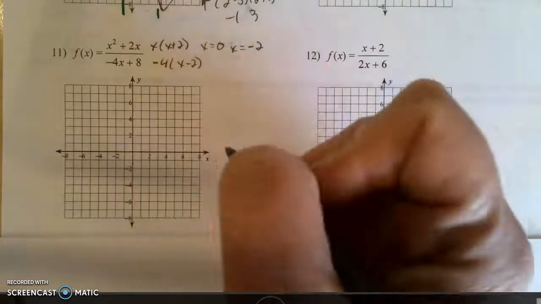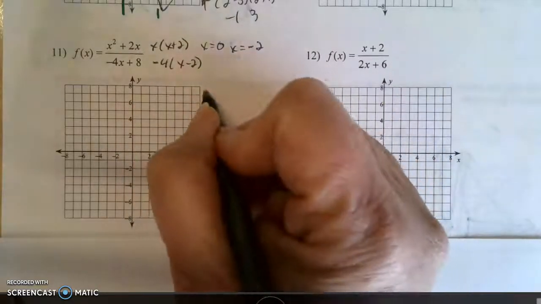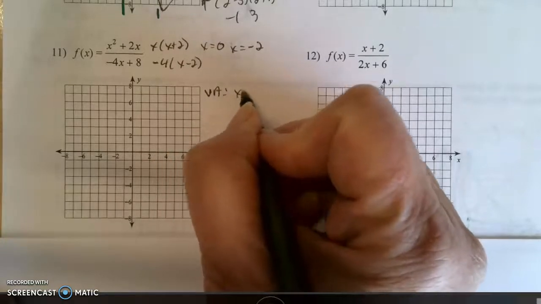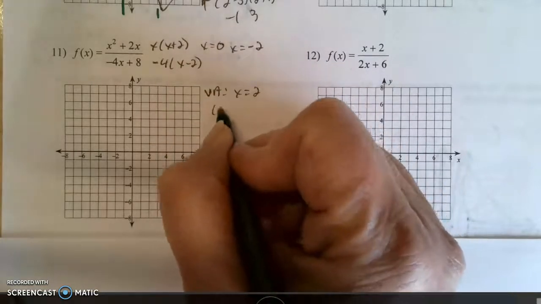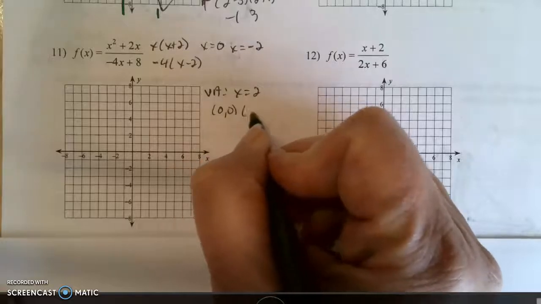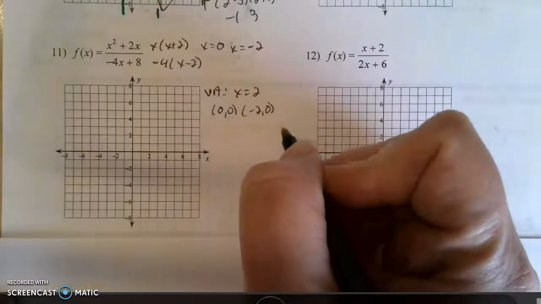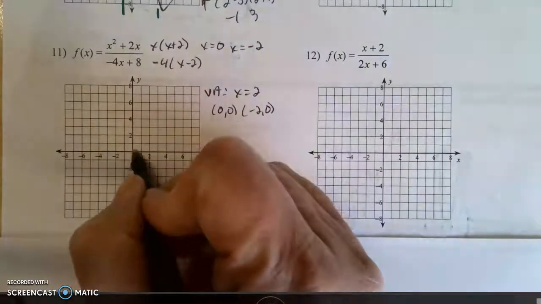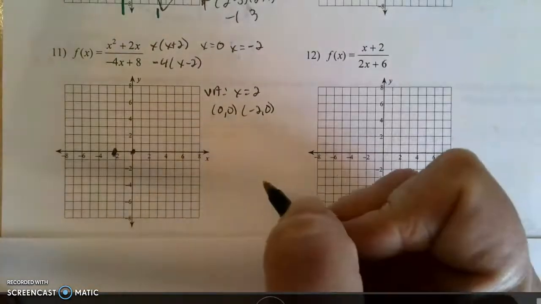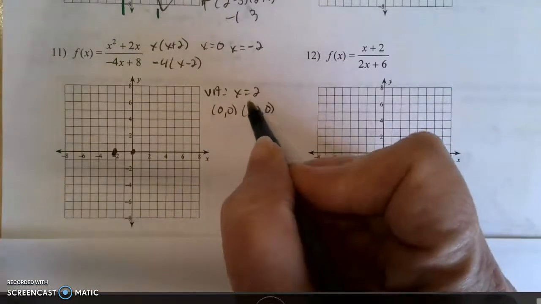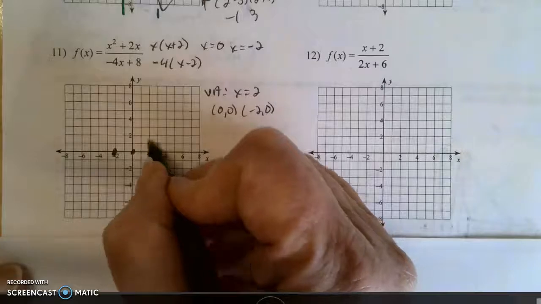They don't cross off, so there's no holes. So I have a vertical asymptote at x equals 2, set it equal to 0. I have (0, 0) and (-2, 0). I have a vertical asymptote at 2.